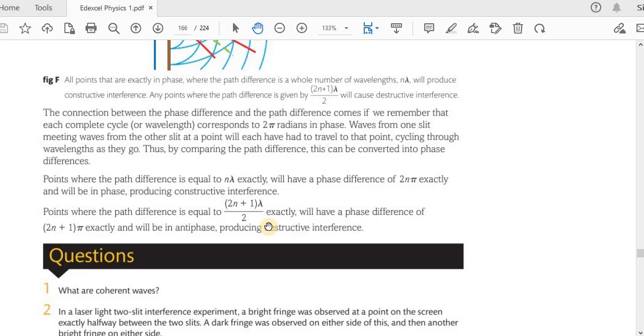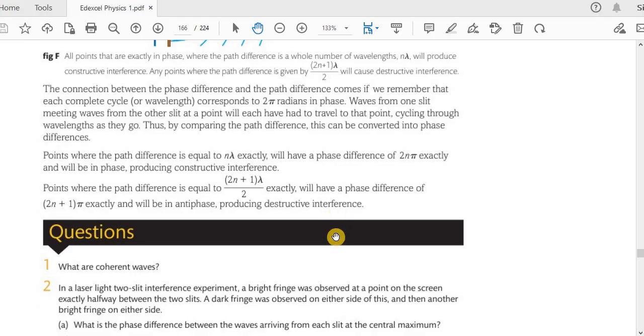So, that's where we get that. Remember, one whole wavelength is equal to 360 degrees or 2 pi radians. Therefore, half a wavelength is 180 degrees or pi radians exactly, and will be in antiphase, producing destructive interference.